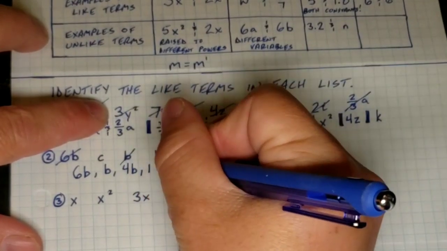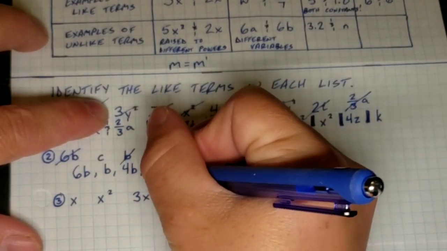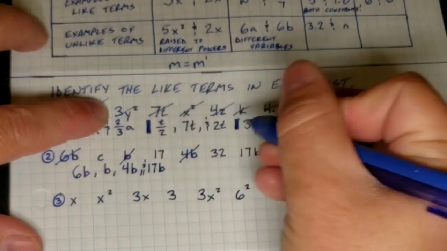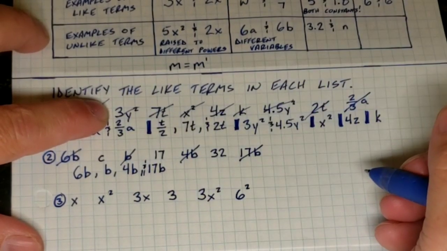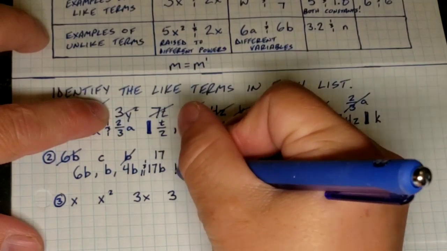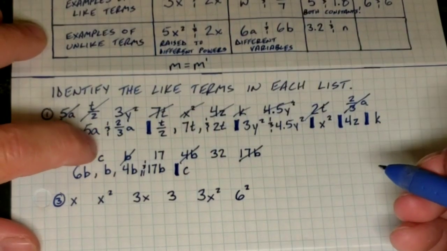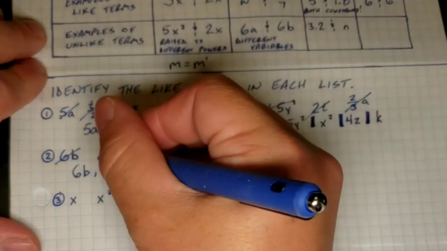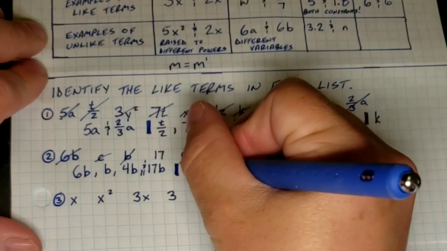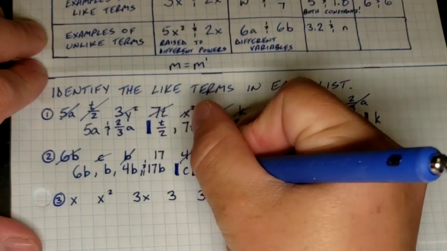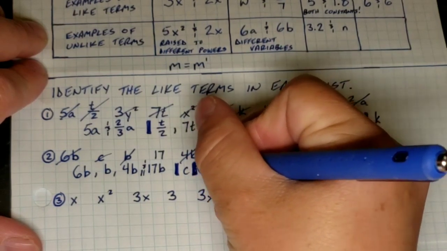And we've got a 17b. All four of those terms are like terms. What about this c? Are there any like terms with this c? No. Just go into the dance by itself, and that's okay. He's going to have a good time.